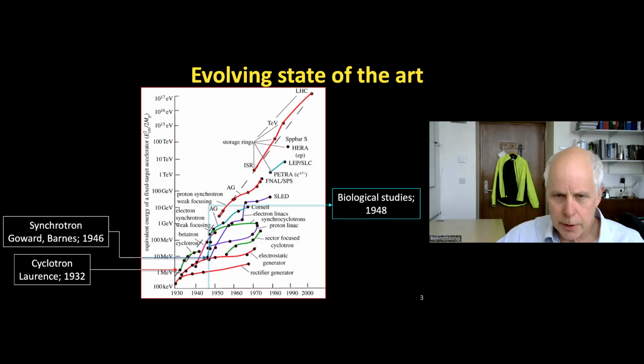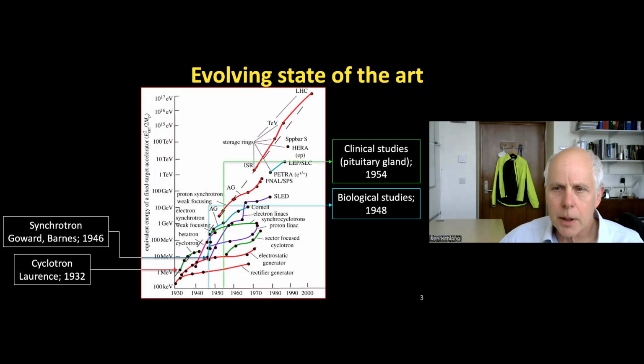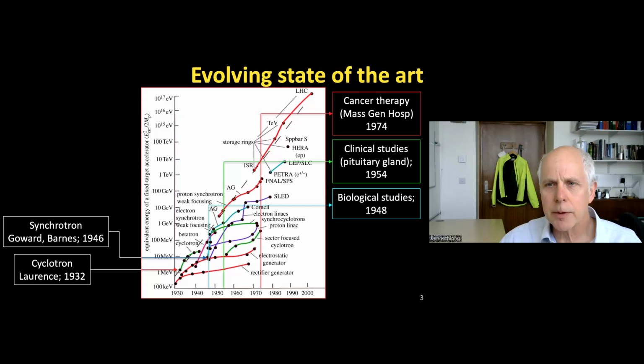So these are really scientific studies. There were treatments coming relatively early. This is more to do with biochemistry, not really treatment of cancer. The first treatment of cancer was in 1974 at the Massachusetts General Hospital.